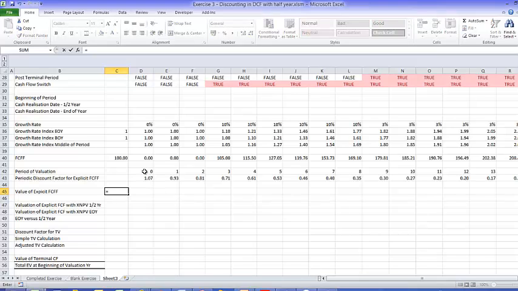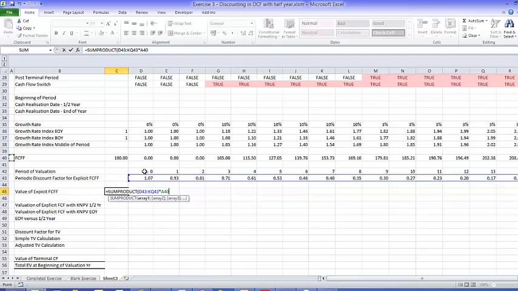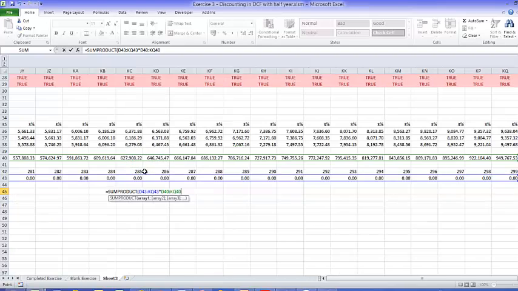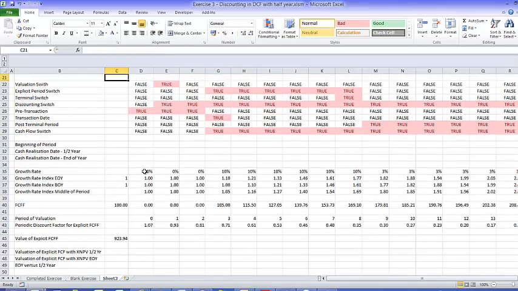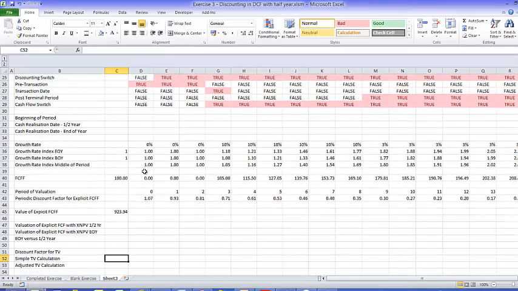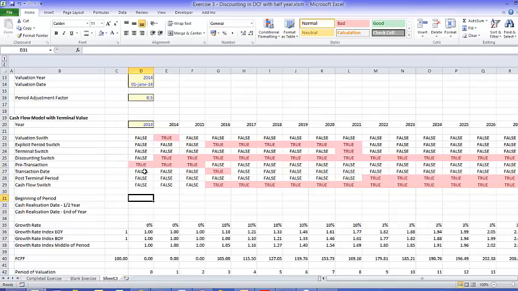So our value of our cash flows is the sum product of all of the discount factors multiplied by all of the cash flows. Okay, now to demonstrate that this gives you the right answer, let's do the same sort of exercise with the XNPV.